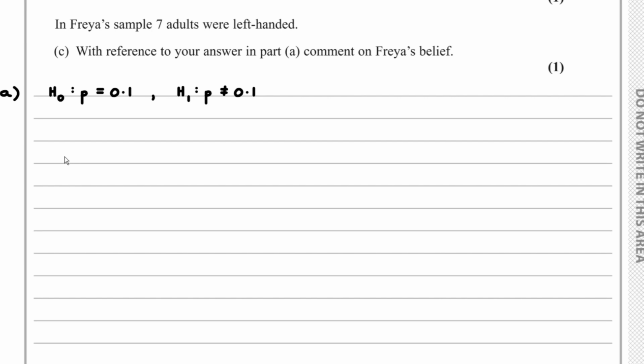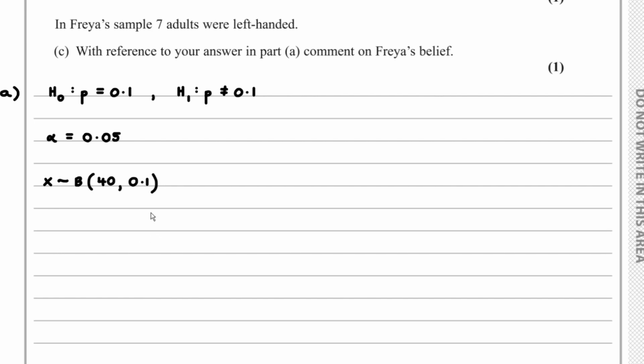We have a 5% level of significance, so alpha is 0.05, and we have a random sample of 40 adults. Picking each adult is independent and the probability is consistent at 0.1, hence we can say X is binomially distributed with parameters 40 and 0.1.